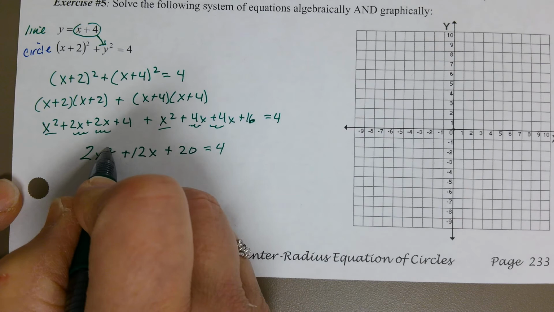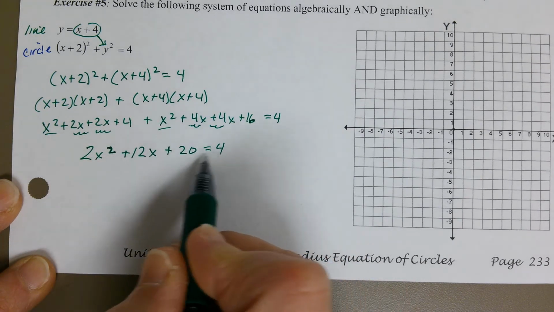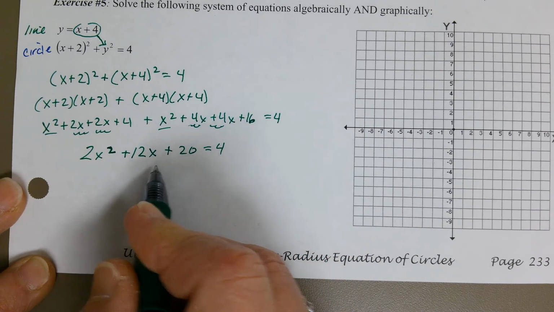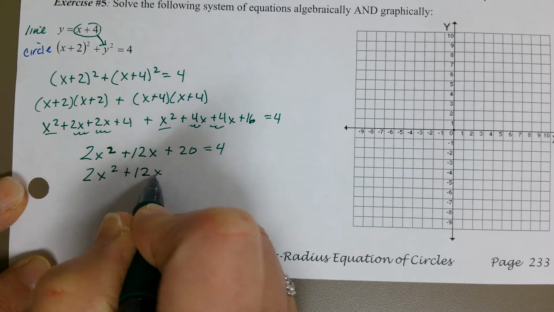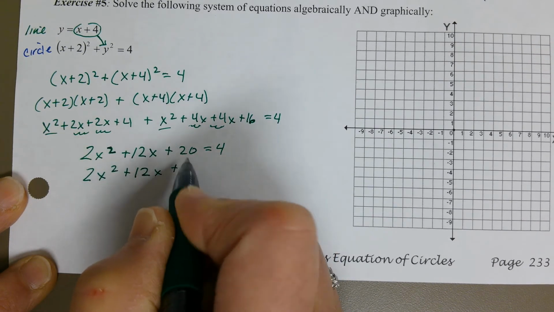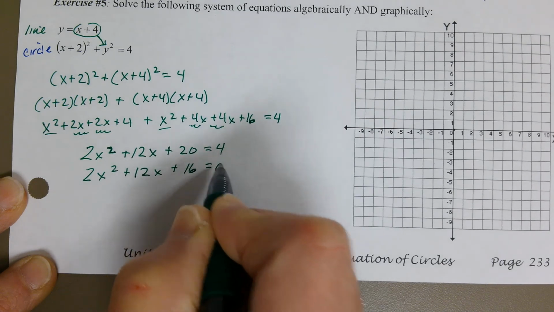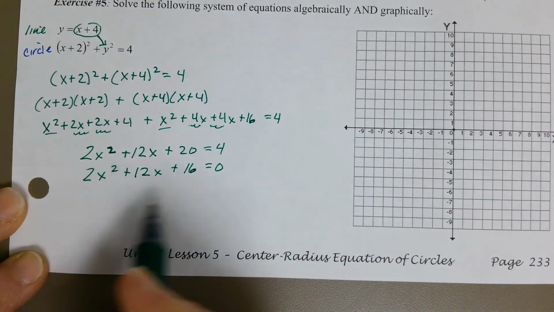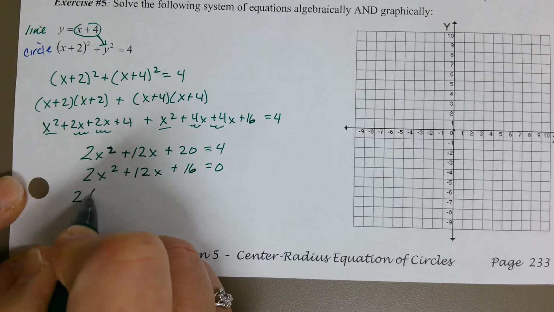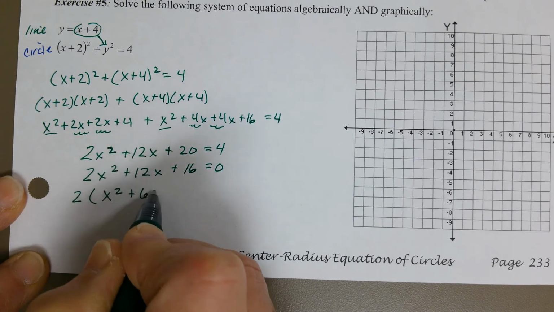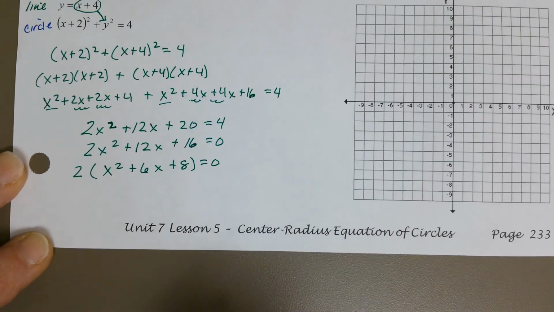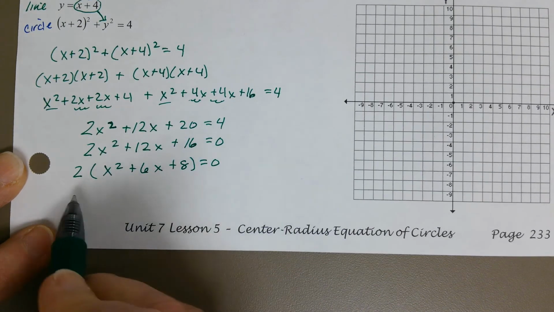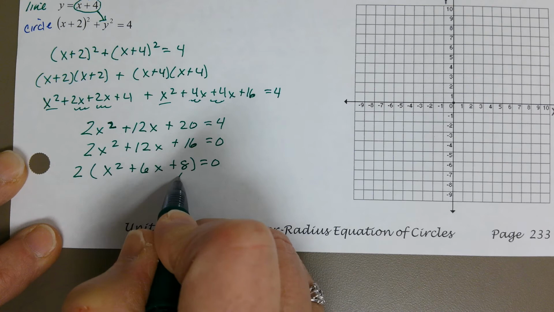So this is a quadratic equation. We want it in standard form, so we'll subtract 4 from both sides. 2x² + 12x, and subtracting 4 from 20 is 16. Now let's factor. There's a GCF of 2 that comes out, giving us x² + 6x + 8 in parentheses.